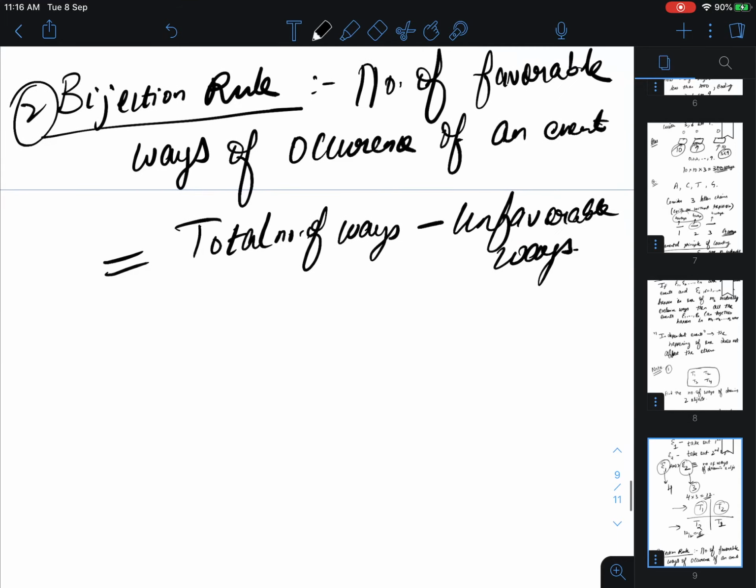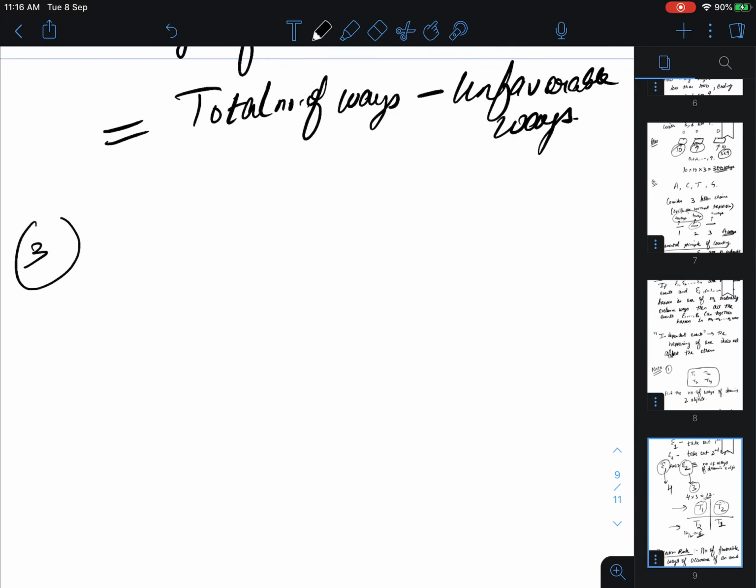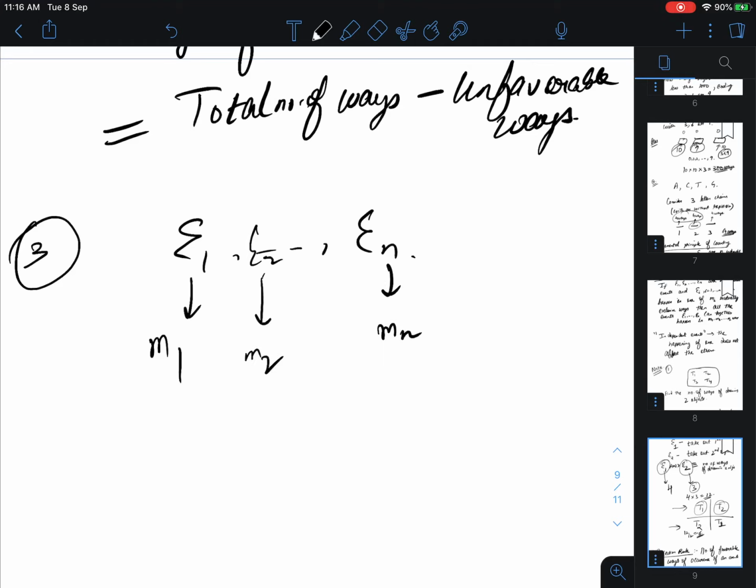The third point that I would like to mention is that till now we have been saying that in the fundamental principle of counting, you have events E1 till En, and event E1 can happen in M1 ways, event E2 can happen in M2 ways, mutually exclusive ways, En can happen in Mn mutually exclusive ways.